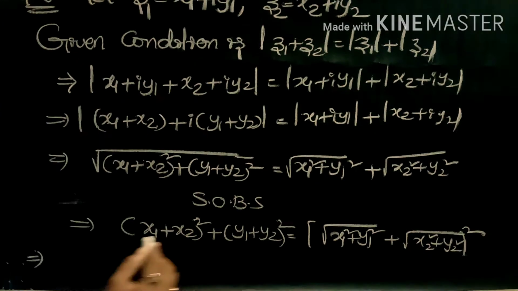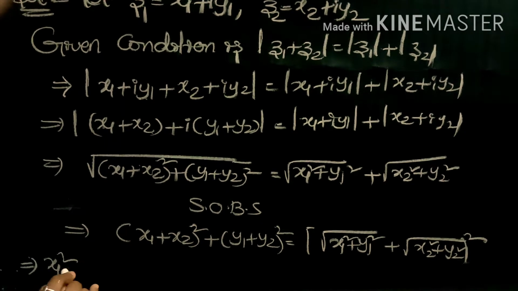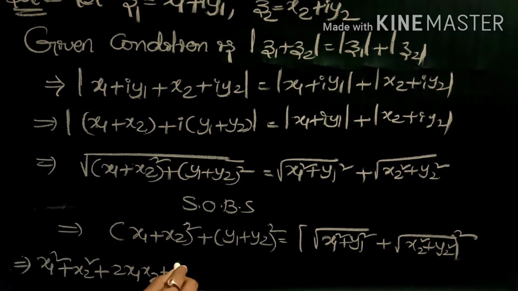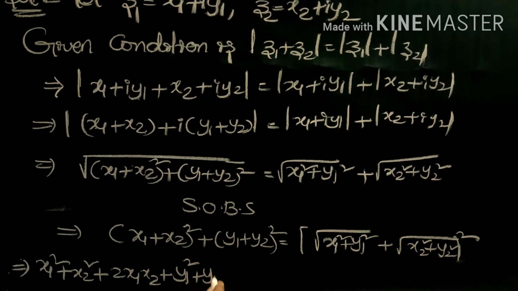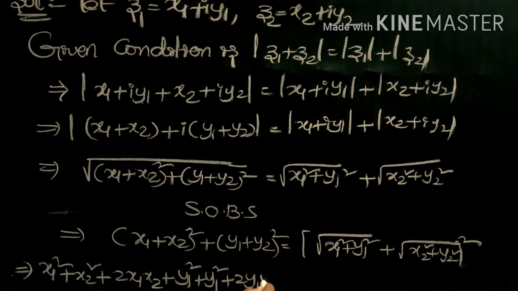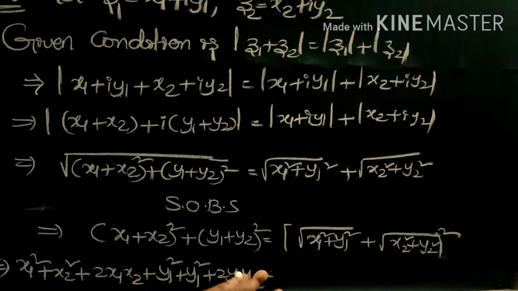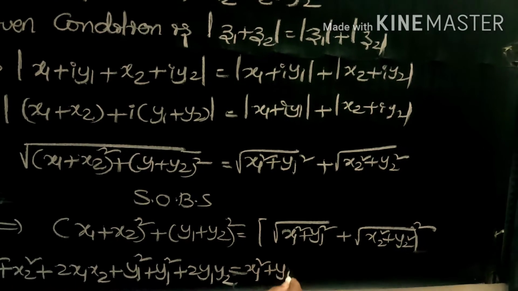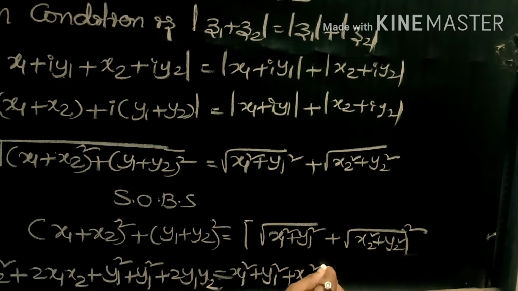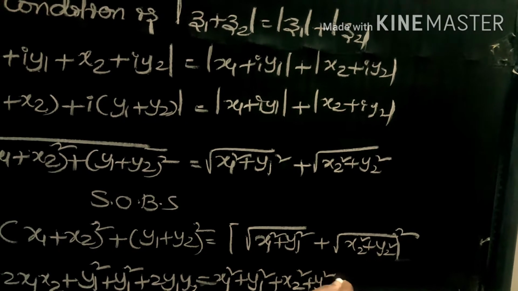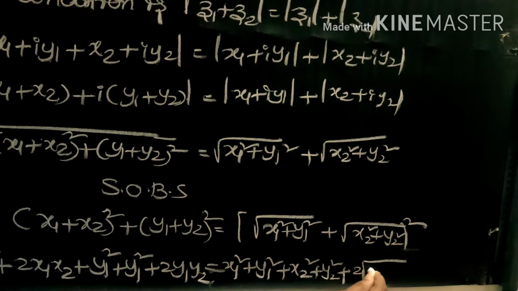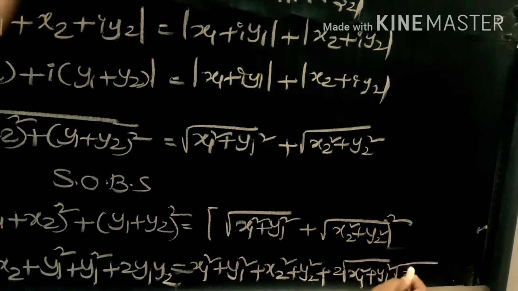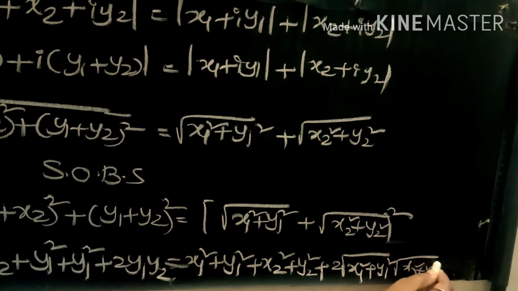That implies x1 plus x2 whole square, that is x1 square plus x2 square plus 2x1x2, plus y1 plus y2 whole square expansion, y1 square plus y2 square plus 2y1y2, is equal to, now this is a plus b whole square expansion, that is a square, x1 square plus y1 square, plus b square, x2 square plus y2 square, plus 2ab, that is 2 into square root of x1 square plus y1 square into square root of x2 square plus y2 square.